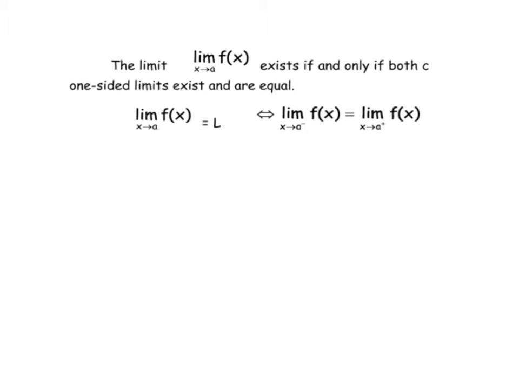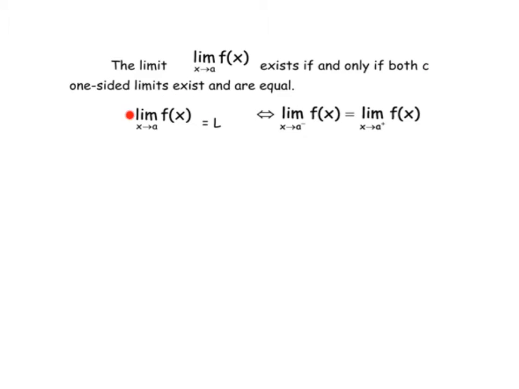Now, this notation is saying that the limit as x approaches a of f of x exists if and only if both one-sided limits exist and are equal. I don't know what that random c is, so let's ignore that.